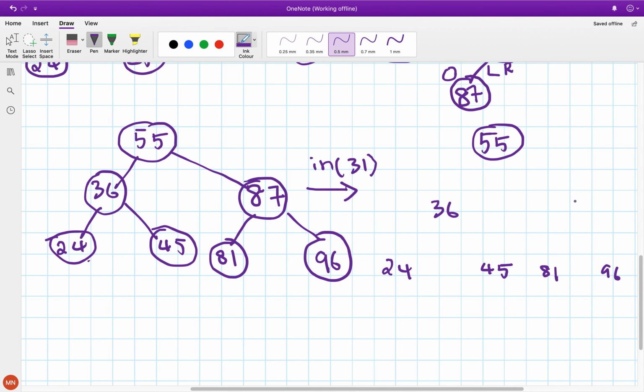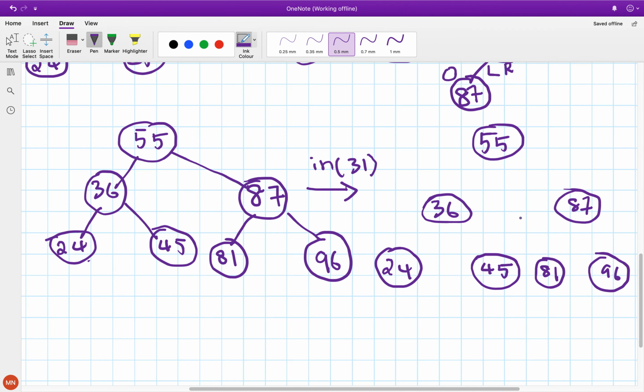Then I have 87. Okay, 31 will become the right child of 24.